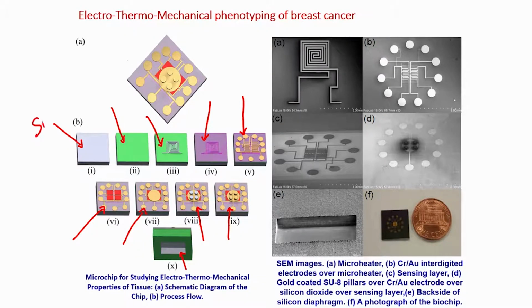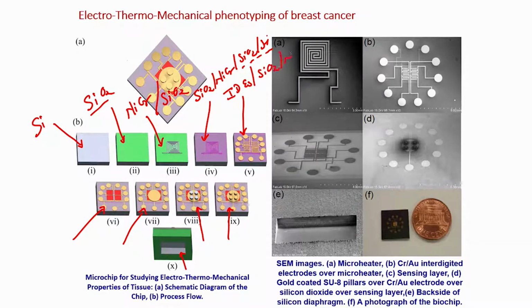So, I will write down here silicon, silicon dioxide, nichrome heater on silicon dioxide, then silicon dioxide on nichrome, on silicon dioxide on silicon. This you understand, I am not writing every time. Then you have interdigitated electrodes on silicon dioxide on your heater. Here you have piezoresistive material on your interdigitated electrodes, which is sitting on silicon dioxide, which is on nichrome, and which is on silicon dioxide further. Then you have gold pad.